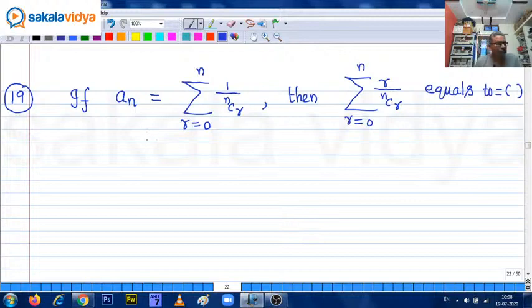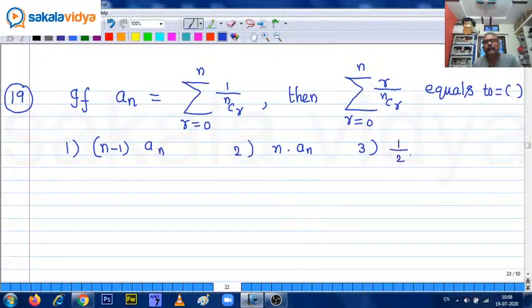First option: n minus 1 times an. Second option: n times an. Third option: half times n times an. Fourth option: an plus 1.